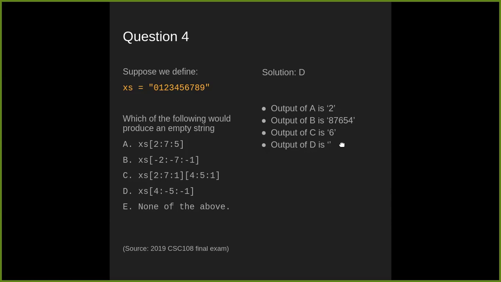So then part C starts by slicing the string XS by going from index 2, which would be the number 2, all the way to the index 6, which would be 2, 3, 4, 5, 6. And then you slice it again by going from index 4 of that string.